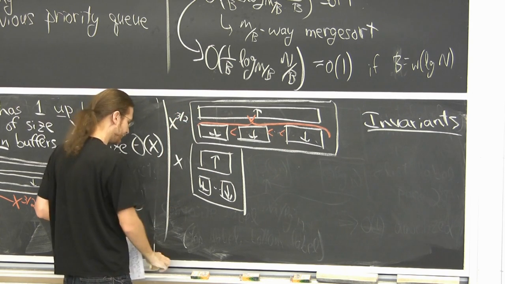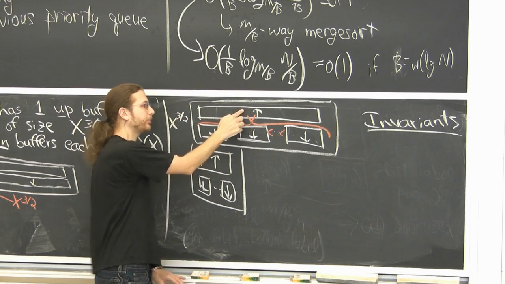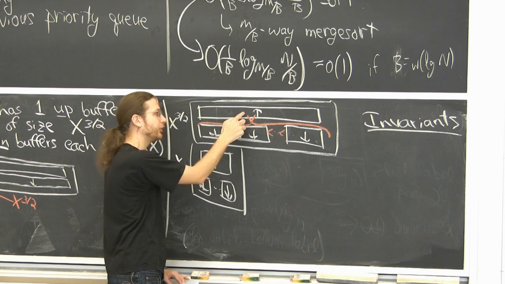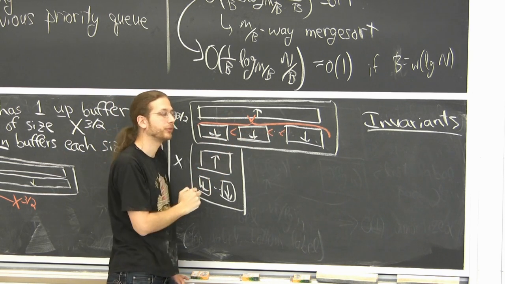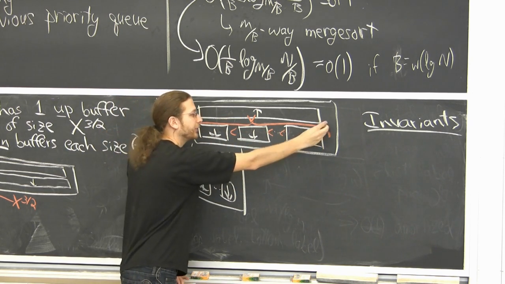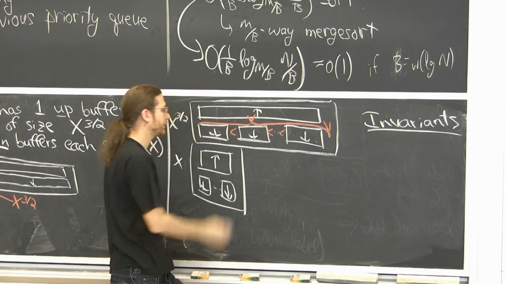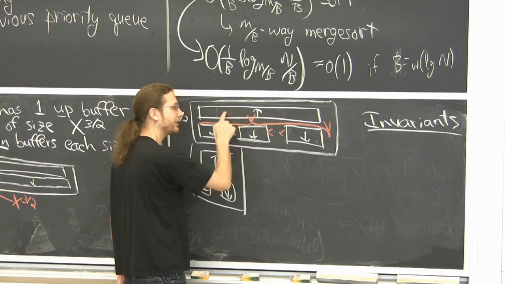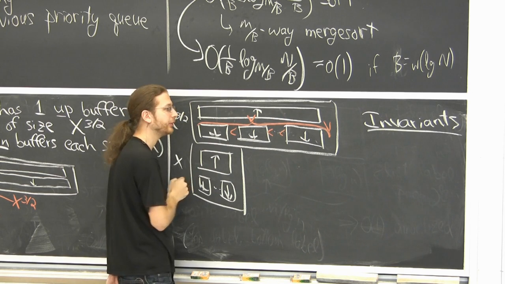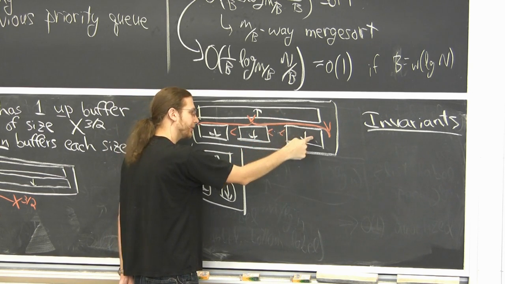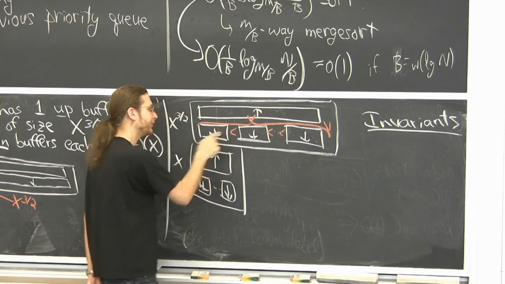This is x. All the up items are larger than all of the down items. That's just an inequality here. So these guys are basically in a chain. Again, the items in here are not sorted, but all the items here are bigger than all the items here, bigger than all the items here, bigger than all the items here.